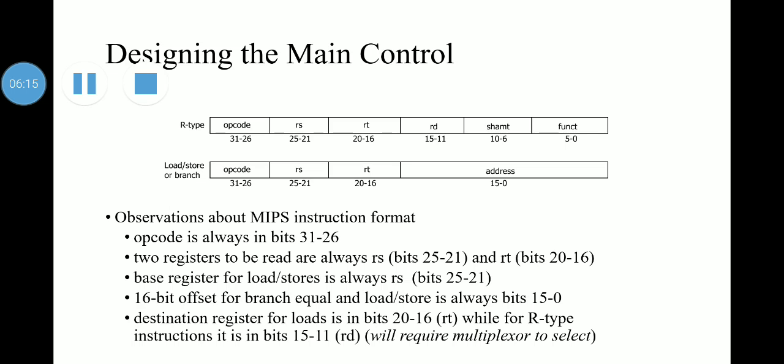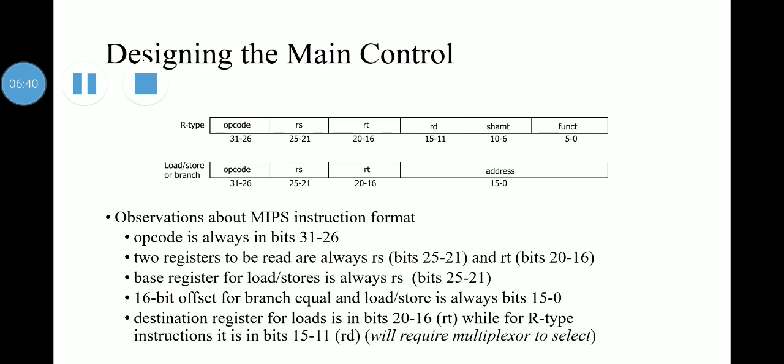To understand how to connect the fields of the instructions to the data path, it is very important to review the formats of the instruction classes. There are several major observations about this instruction format that we will rely on. The opcode, that is the OP field, is always contained in bits 31 to 26.